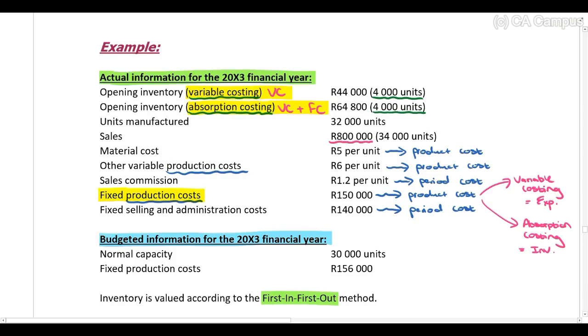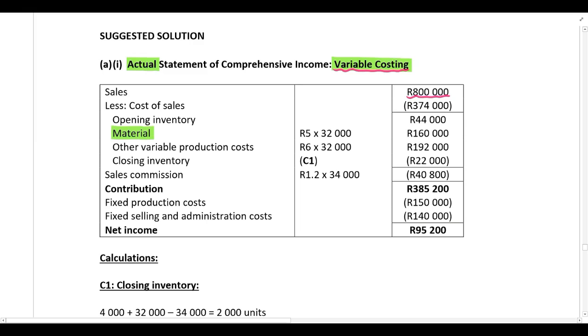So what are my variable production costs in this question? We have material at a cost of R5 per unit, and we have other variable production costs at a cost of R6 per unit. We need to multiply that by 32,000 units in order to get the total cost. So that's my material cost and my other variable production costs.